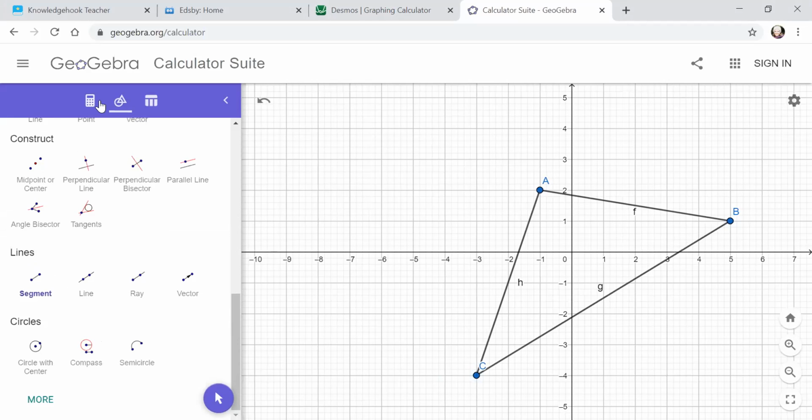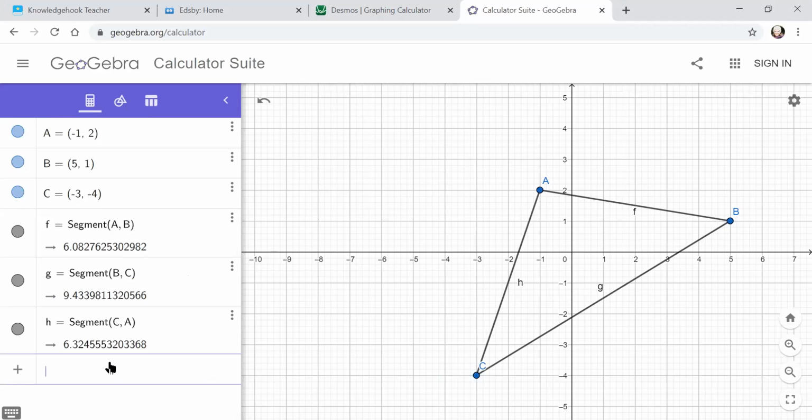Okay, then we found the midpoint was 2 and 1.5. And then we came up with a final equation of y equals 6x minus 10.5.